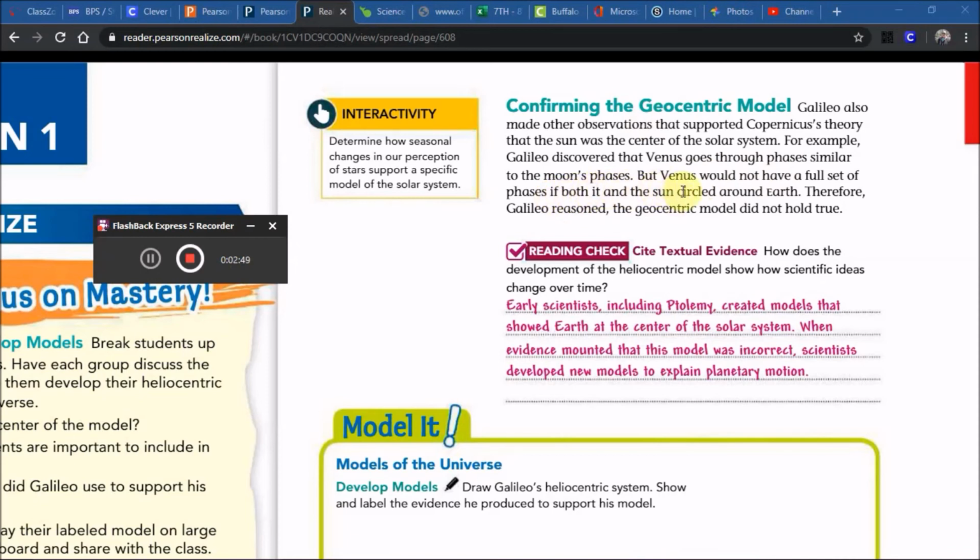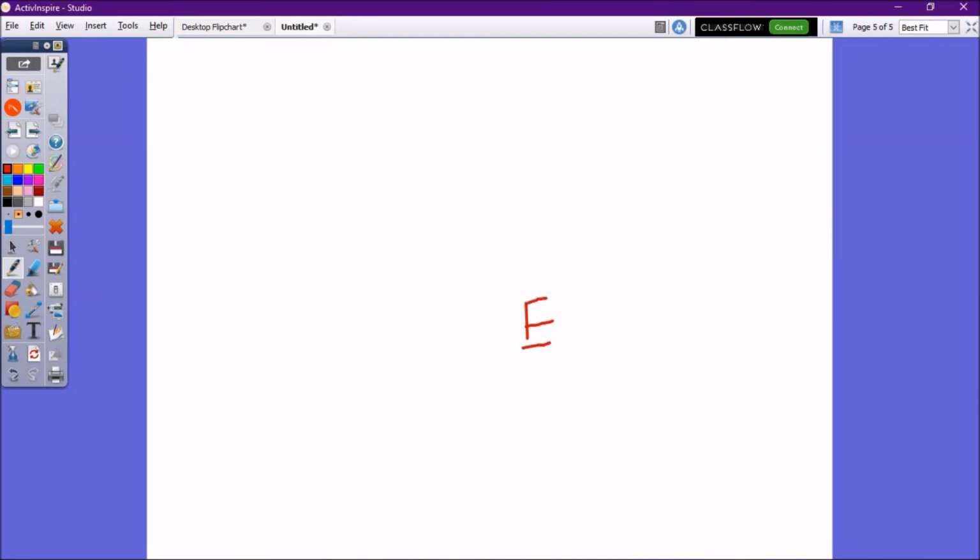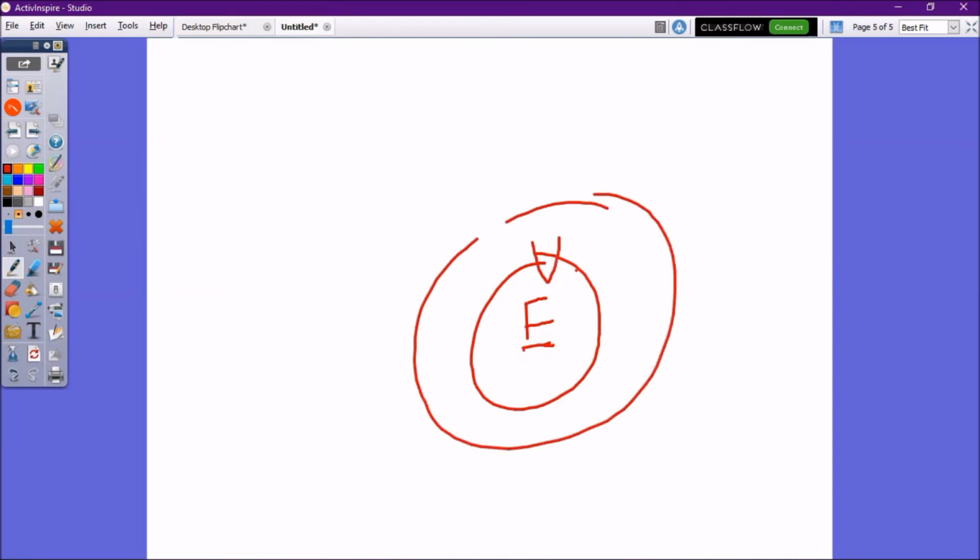It would not happen if the sun was also circling around the Earth. I've got to at least show you something here. If we have the Earth, and Venus and the sun were circling around the Earth, the sun and Venus would always be in different locations, right?